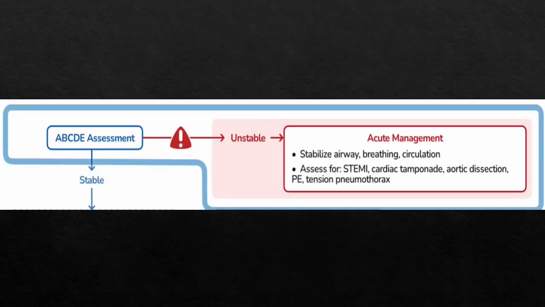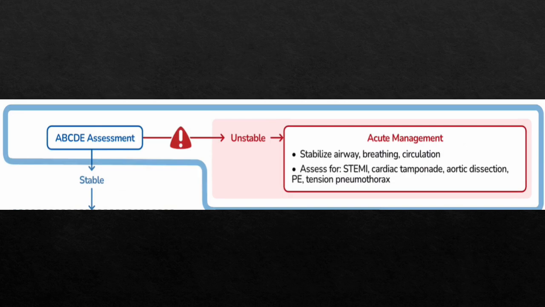Whenever a patient presents with a chest pain complaint, you need to do a primary survey on the patient. During your primary survey, you need to evaluate your patient's airway, breathing, circulation, disability, and environment. Based on your primary survey, you need to determine whether your patient is stable or unstable.